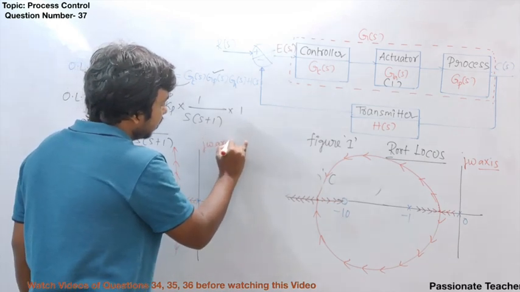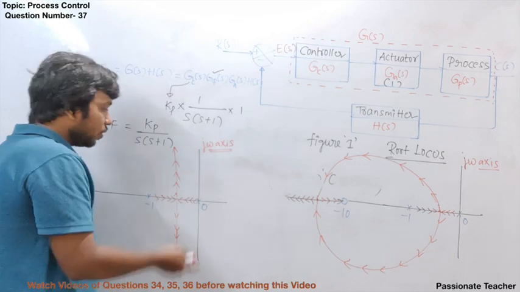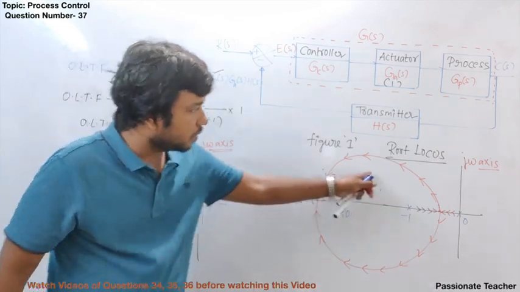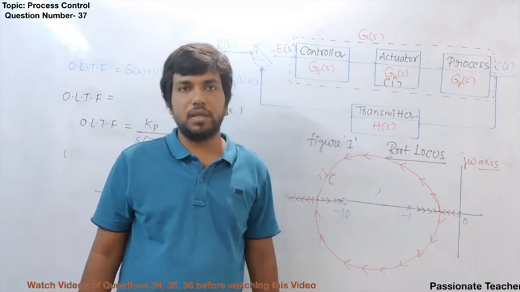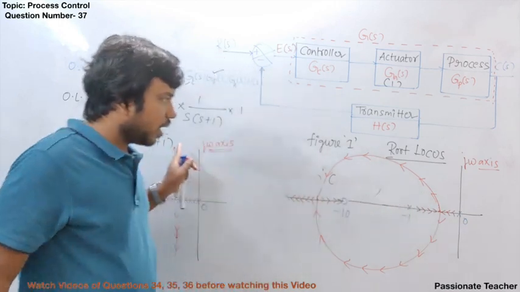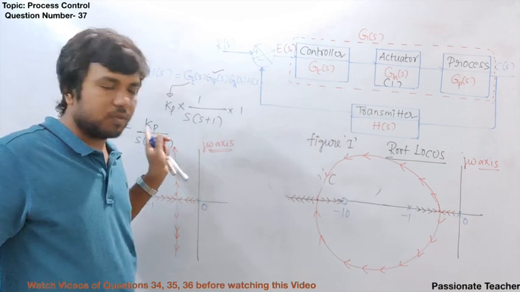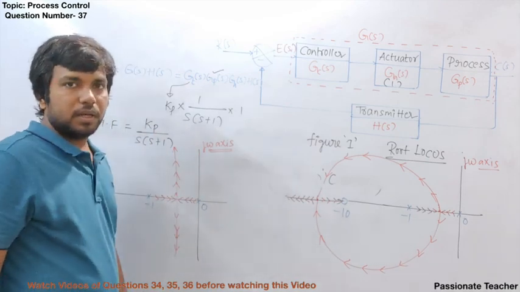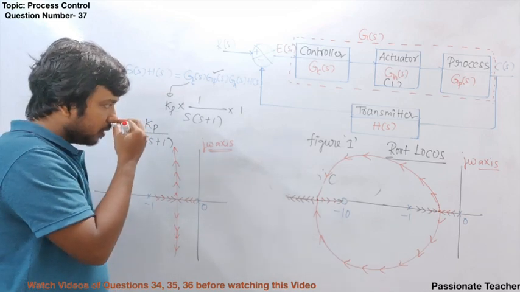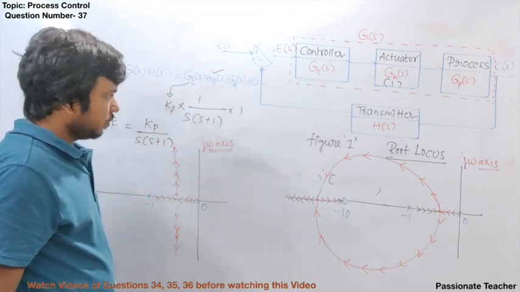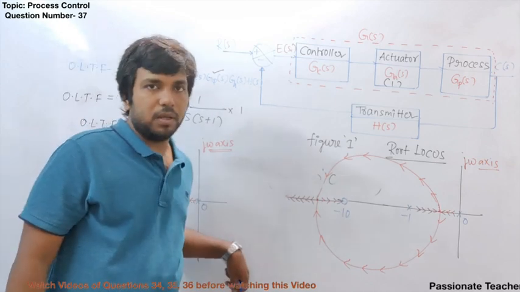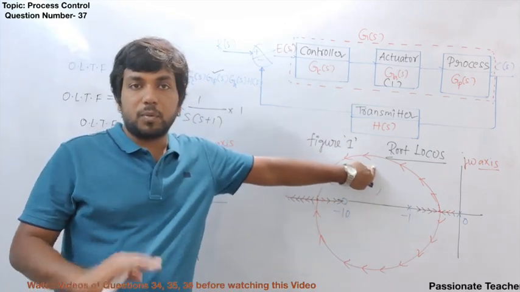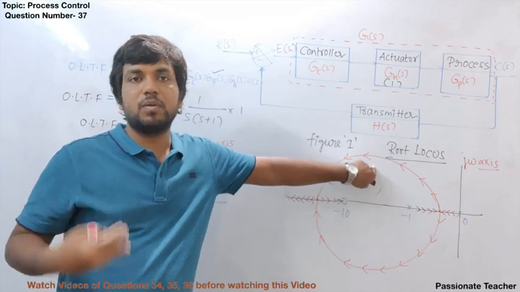Even though it is a stable system, this is a much less stable system, because here the root locus is almost near the j omega axis, whereas with the PD controller it travels further into the negative side of the S plane. So if something happens, there is a chance that, of course, both are stable only, but relatively the stability is more with the proportional plus derivative controller, which provides the damping.